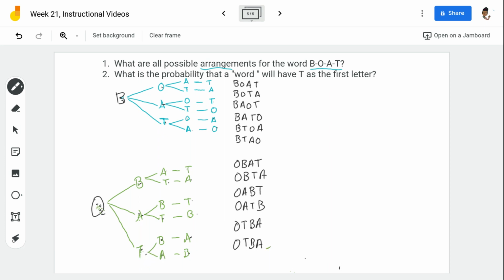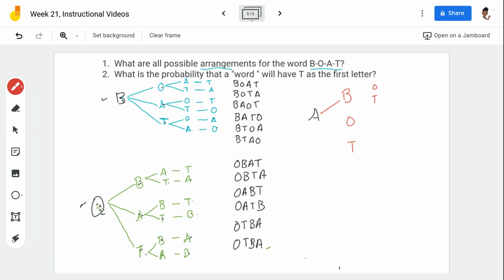So we've started with the letter B. We've started with the letter O. Well, what about the letter A? So now we've got to think about starting our word with the letter A. If I start my word with the letter A, what's left? B, O, and T. Well, if I use the letters A and B, then what's left?